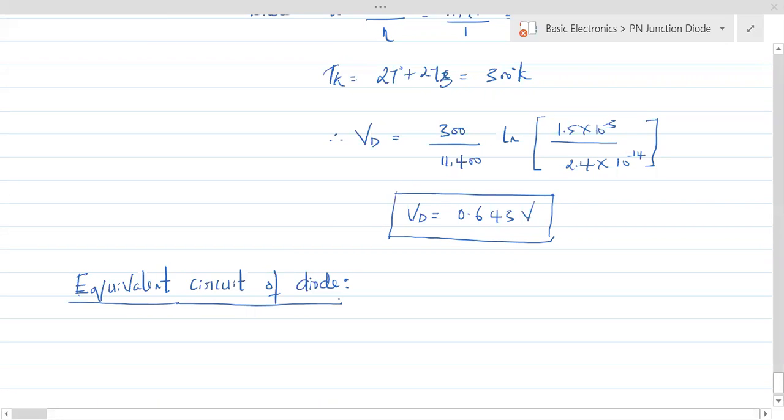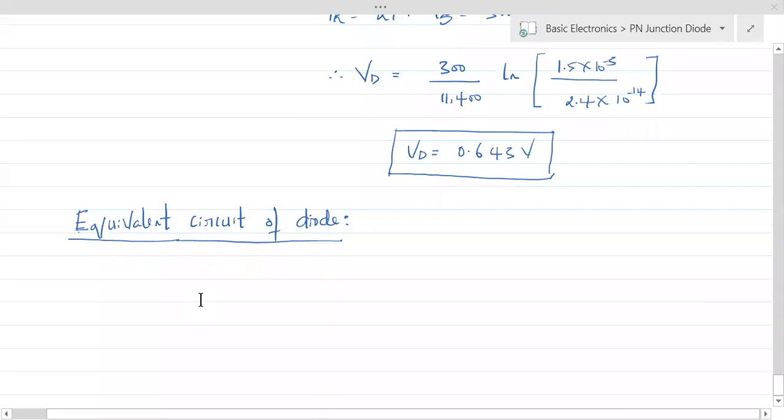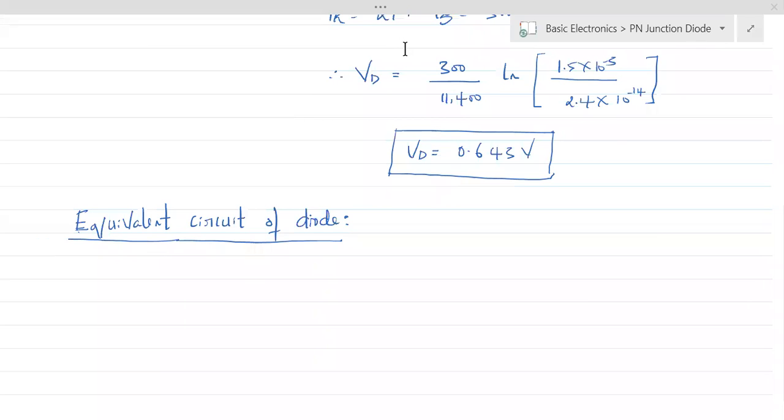Now, how can we go with this particular equivalent circuit? Equivalent circuit means we are approximating the diode. Everybody understand that? For approximating the diode, we approximate the VI characteristics also.